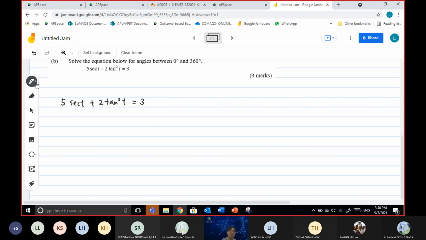Which one should we replace? We have secant and we have tangent, so either the whole equation must be secant or the whole equation must be tangent. But we have an identity for tangent square t which involves secant t.